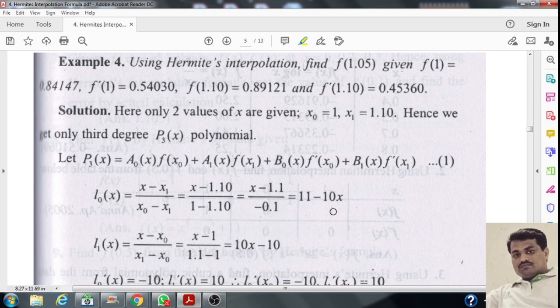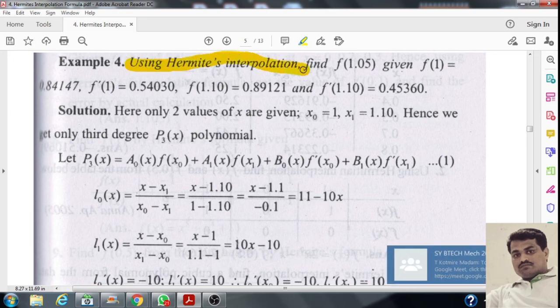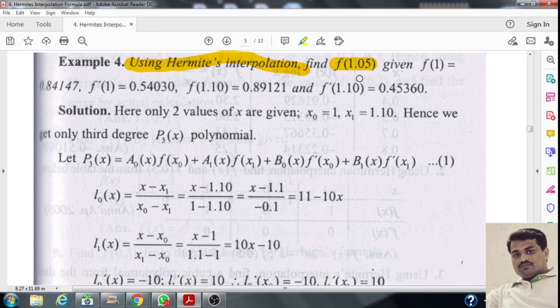This is example number 4. Using Hermite's interpolation formula, find out f of 1.05, means value of x equal to 1.05.